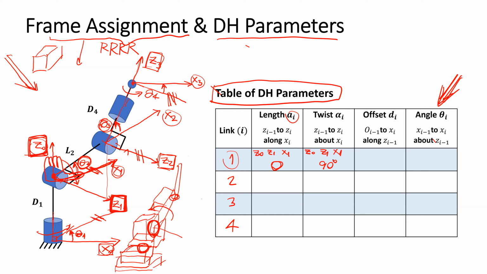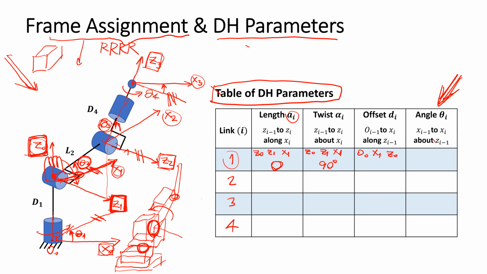And the offset is the distance measured from the origin of the frame 0 to the axis X1 and measured along C0. The origin of the frame 0 is on the ground.